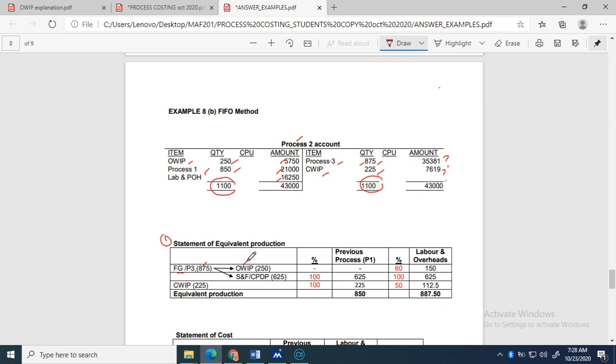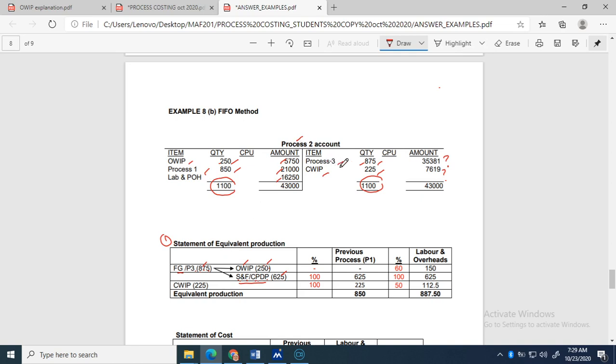So how many units is OWIP? 250 kg. From 875, we continue from the last period 250 kg. So the balance, 875 minus 250, we get 625. This is the quantity that we start this period and finish this period, S and F, started and finished during the period, or CPDP, completed product during the period. Some books use S and F, some books use CPDP.